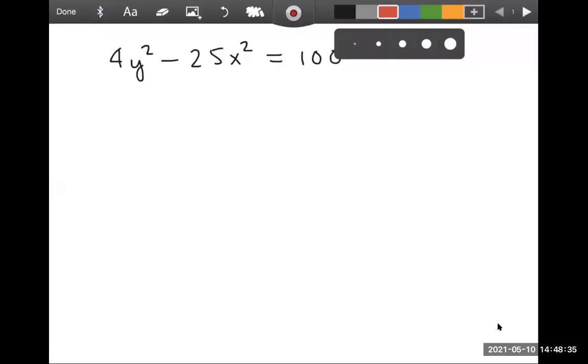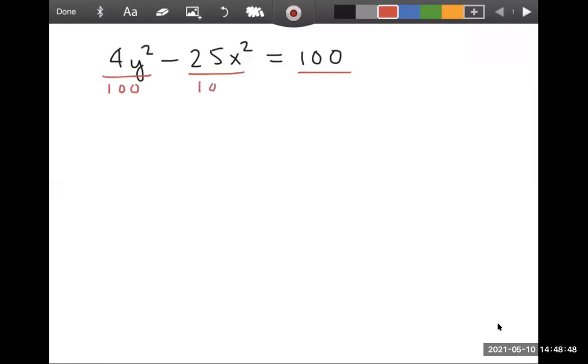Okay, so the first thing I'm going to do is similar to what I did in one of the ellipse examples. We need the number on the right-hand side to be 1. So I'm going to divide everybody by 100.